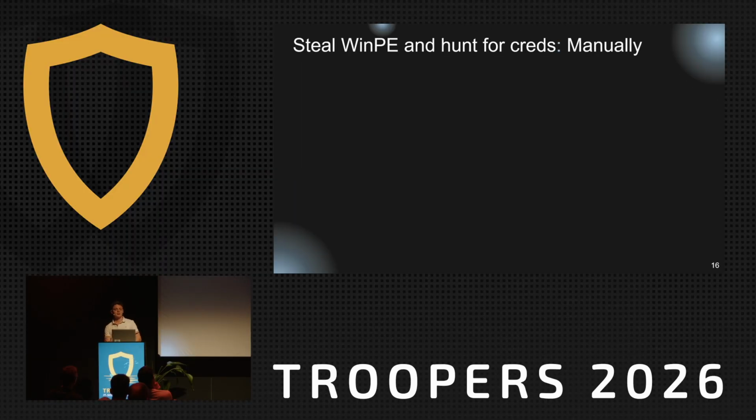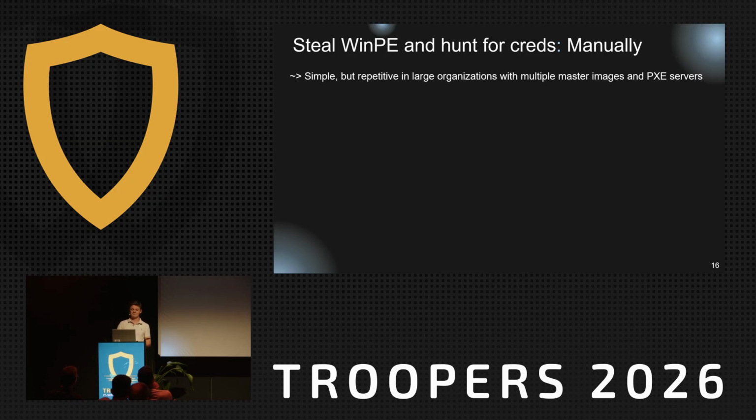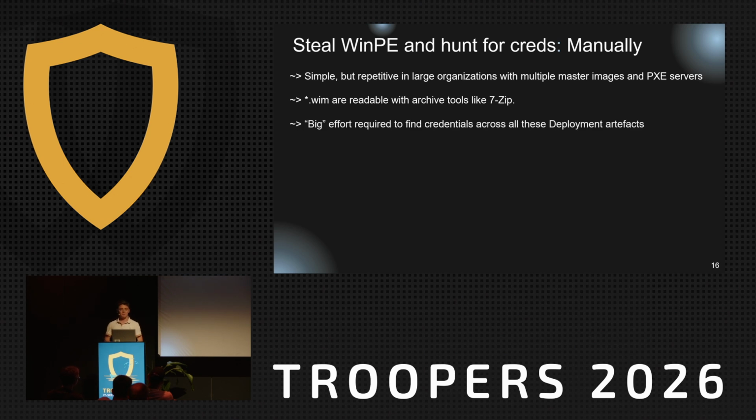Now, if you want to steal WinPE and creds manually, you can do it, but it's a bit repetitive in a large organization with multiple master images and PXE servers. .wim files are readable with archive tools like 7-zip, so you can do it, but it requires a big effort, especially if you have four, five, six, seven PXE servers across the network.